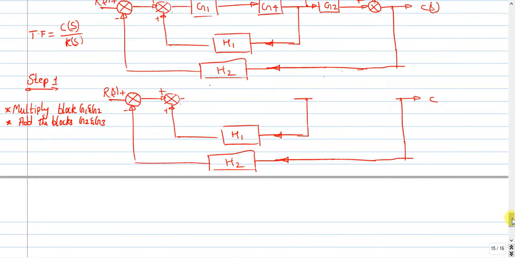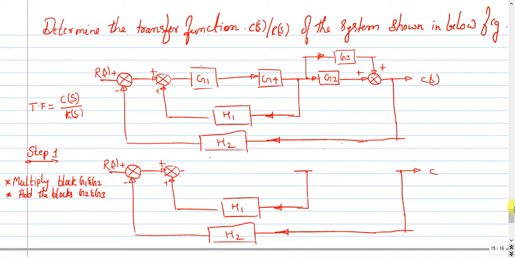So my final reduction in step 1: I found G1 and G4 in series, so I will write these two blocks in a single form, G1 multiplied by G4, followed by G2 and G3 in parallel. If you find two blocks in parallel you should add, so that is G2 plus G3, and eliminate that particular summing point.